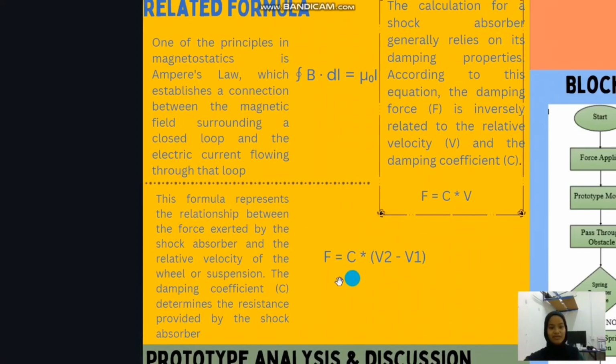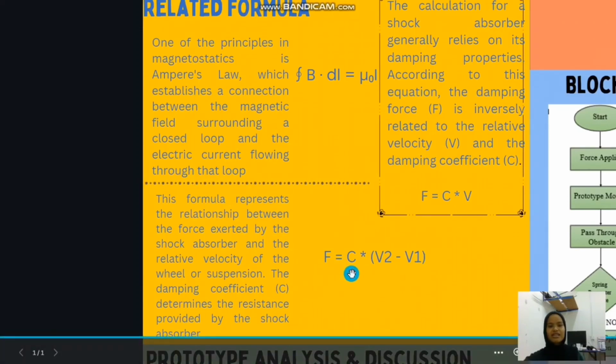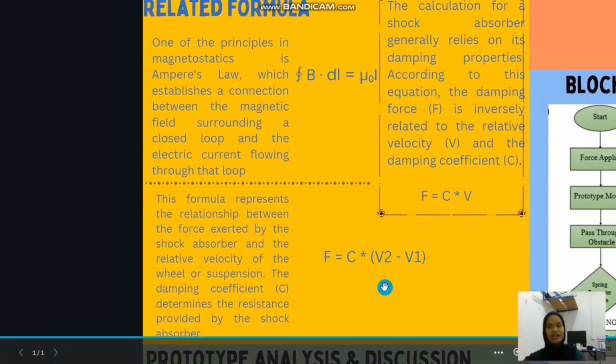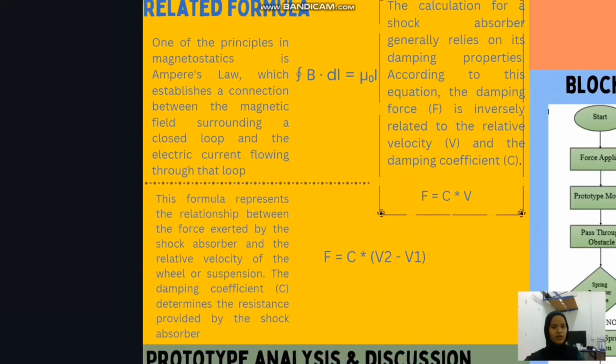So this is the third formula, which is F is equal to C multiplied by (V2 minus V1). F here is the force exerted by the shock absorber, C is the damping coefficient, V2 is the velocity of the wheel or suspension at the end of the stroke, and V1 is the velocity of the wheel or suspension at the beginning of the stroke.